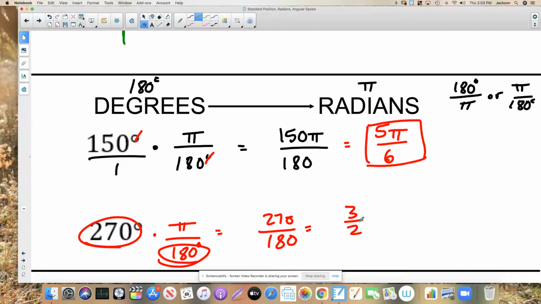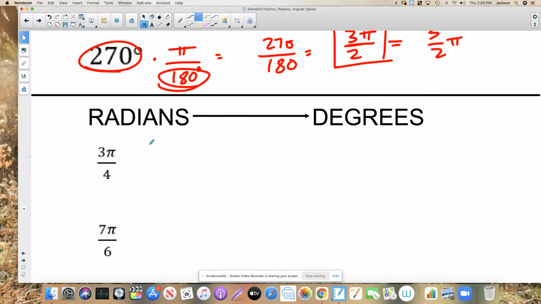We get 3 over 2. Now, whether you put the pi on the top or whether you put the pi next to it, if you're in my class, I'm going to have the pi in the numerator of that fraction. I'm not going to write it next to it like this. And I'm going to say that's 3 pi over 2. Some people say 3 halves pi. Okay. I say 3 pi over 2.